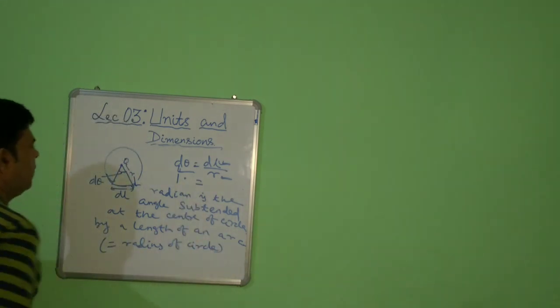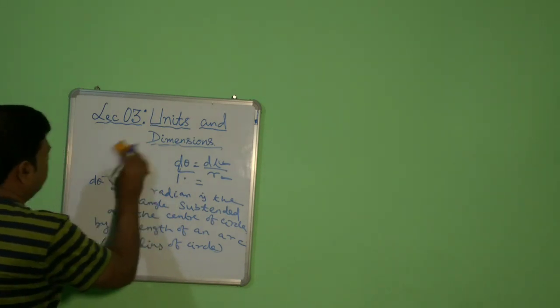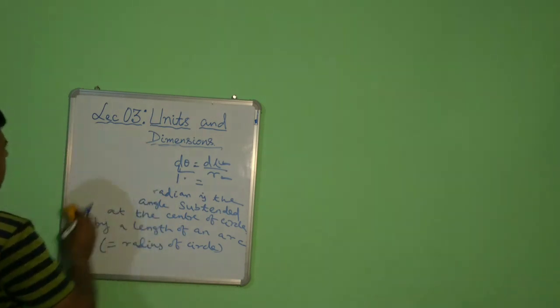So when the length of arc becomes equal to the radius of the circle, the angle subtended at the center is 1 radian. This is the definition of radian, symbol rad.